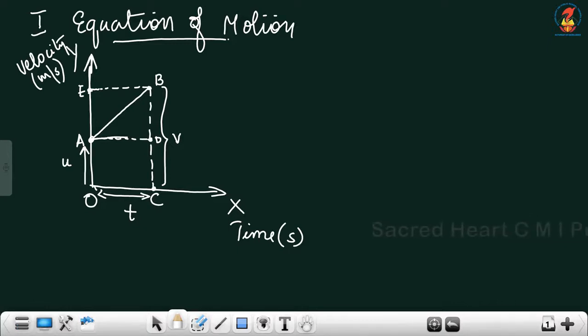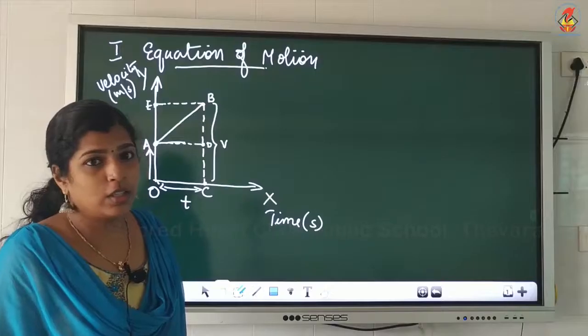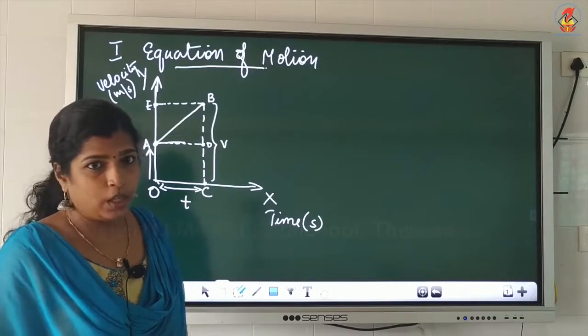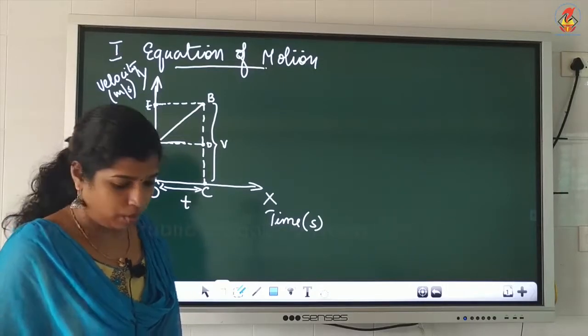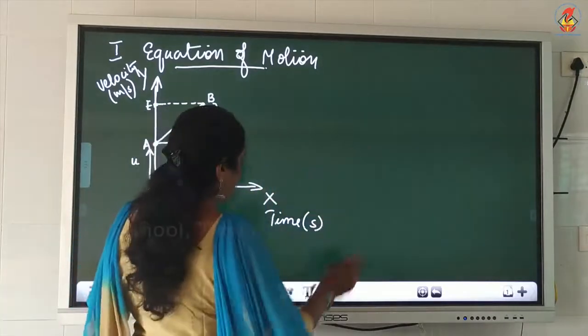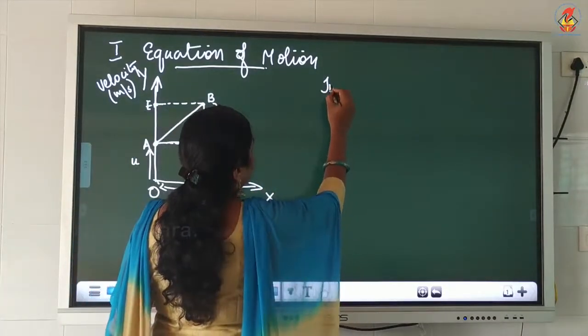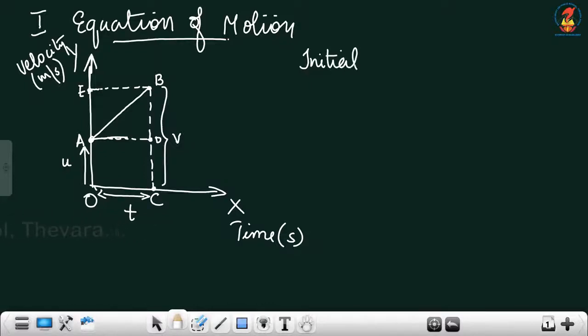Now you have to consider the velocity time graph of an object under uniform acceleration. Initial velocity is not equal to 0. Initial velocity is represented by the letter U, that is equal to OA.